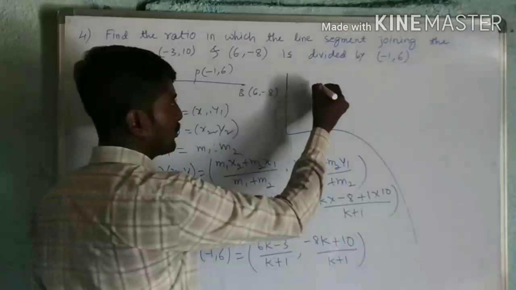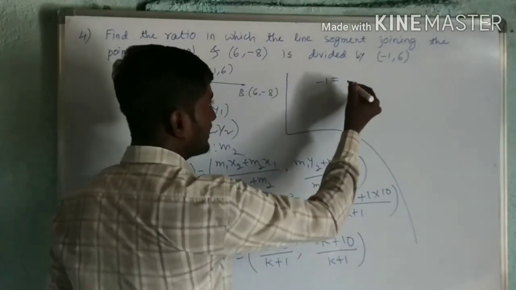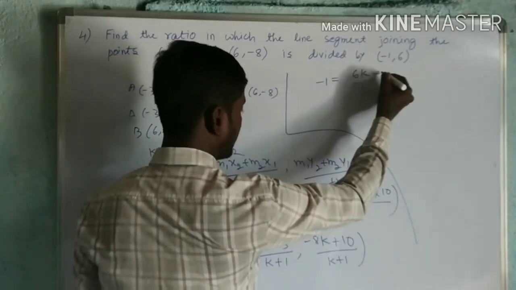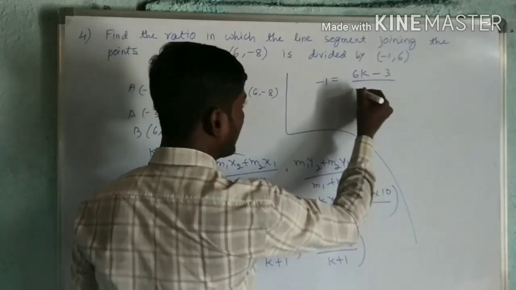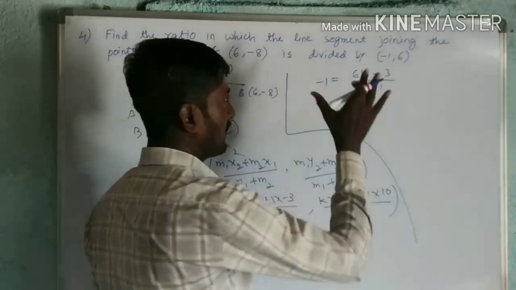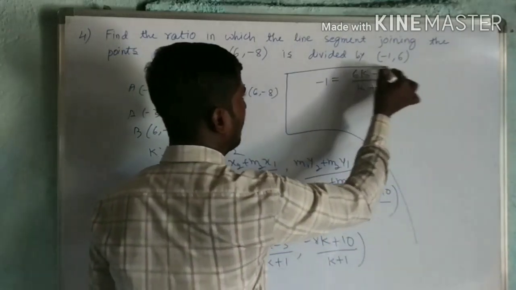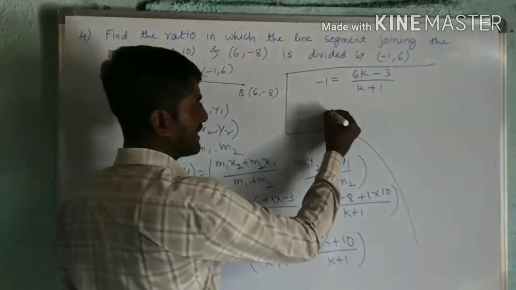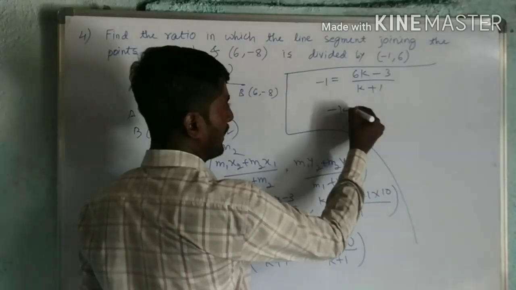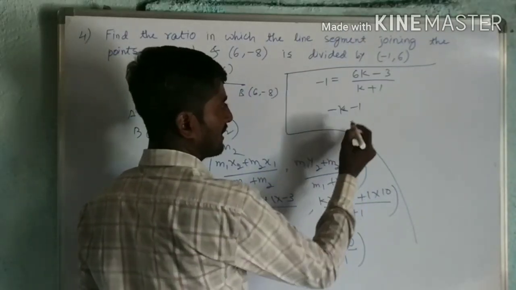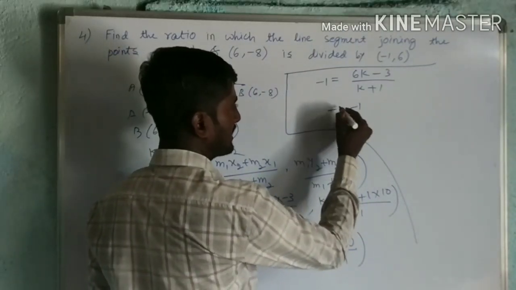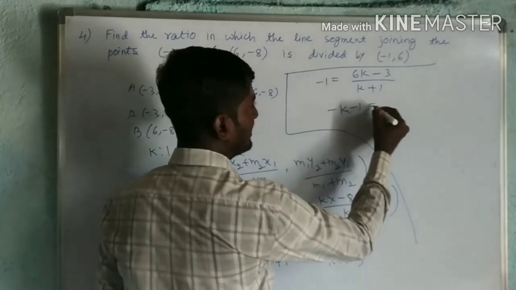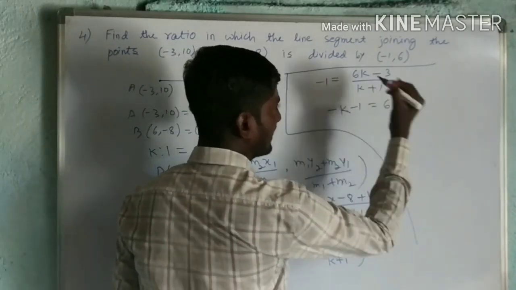First one I will take: -1 is equal to (6k - 3) divided by (k + 1). From this, I want to find the value of k. Cross multiplication: -k - 1, because -1 is there, is equal to 6k - 3.